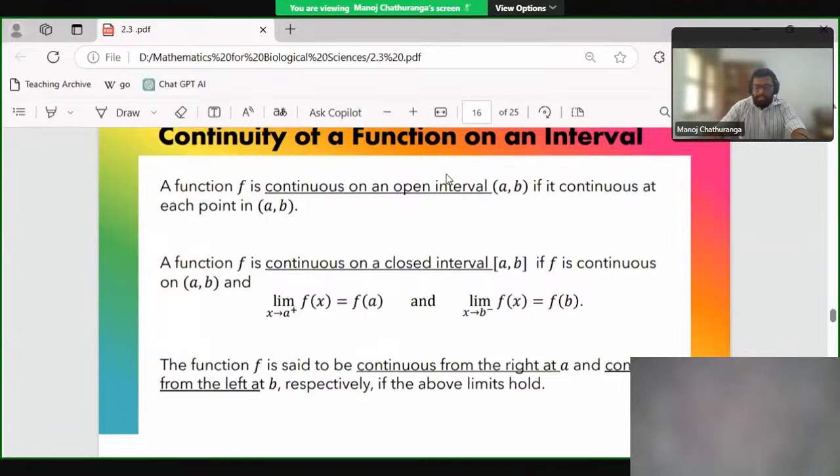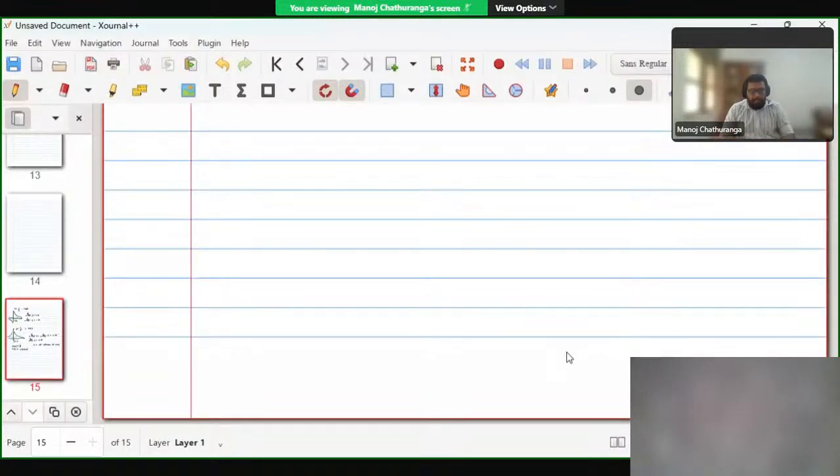Then imagine a function defined on an interval. An interval like this, a bounded closed interval, to, let's say, real numbers.